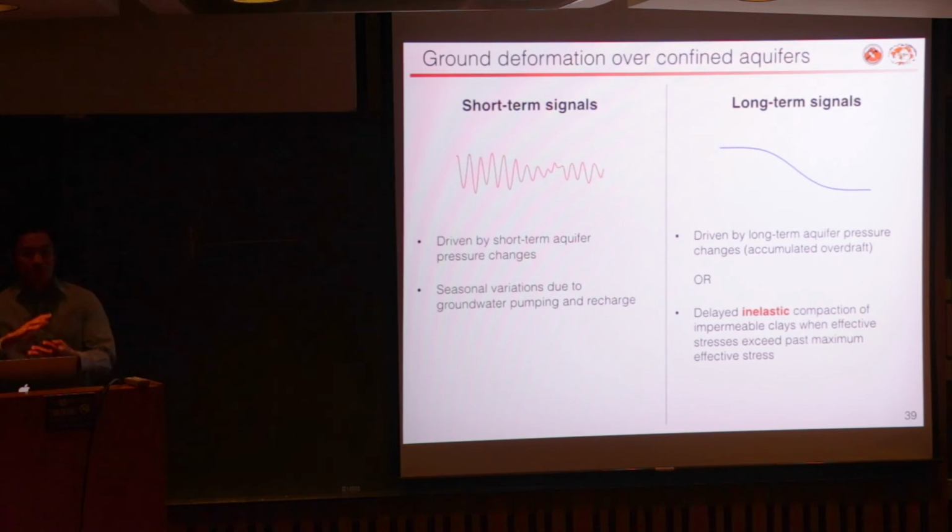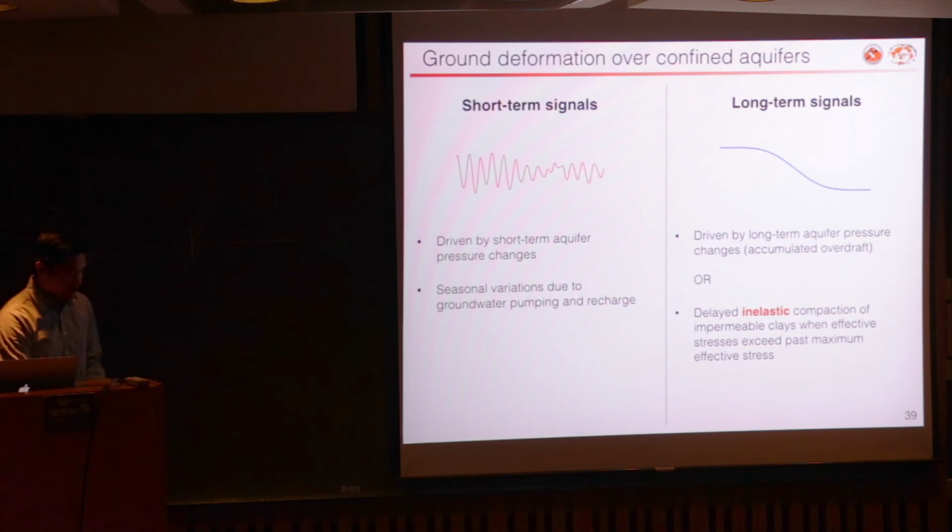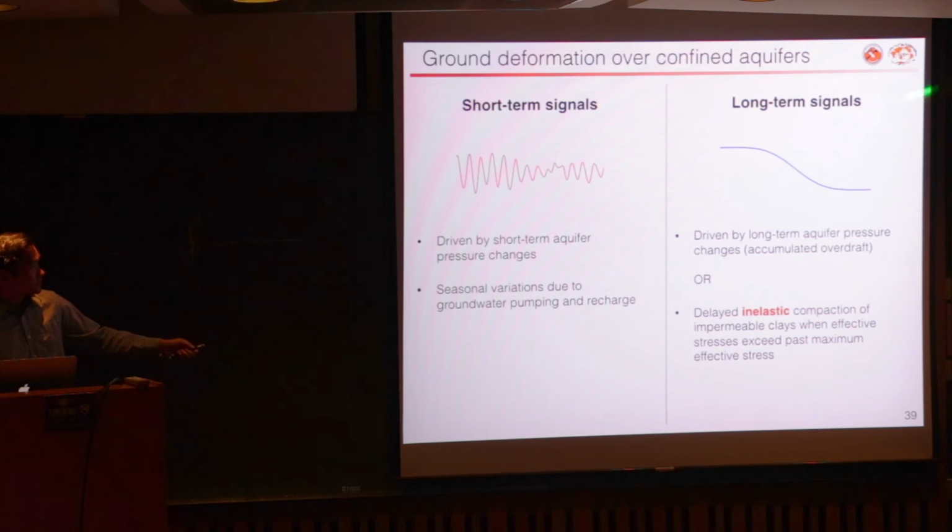And so you'll get this permanent rearrangement of the grains, and you'll lose a certain amount of storage permanently for that layer. And so this effect is delayed. It behaves logarithmically, and it usually occurs over a time scale of several years. So we're going to be on the lookout for these signals when we look at the long-term signals.